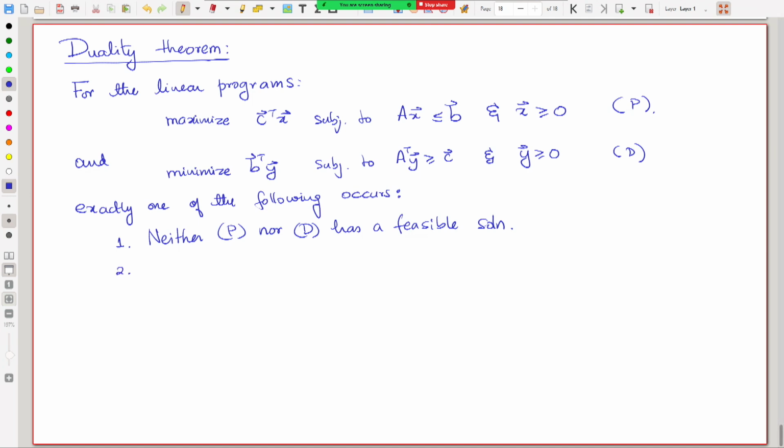But if P is unbounded, what do you expect for D? So, remember, any feasible solution for D bounds P, right.